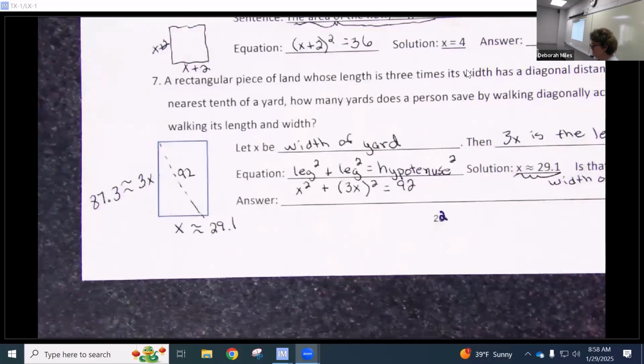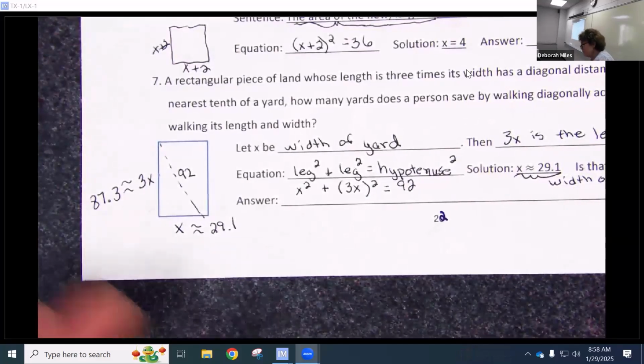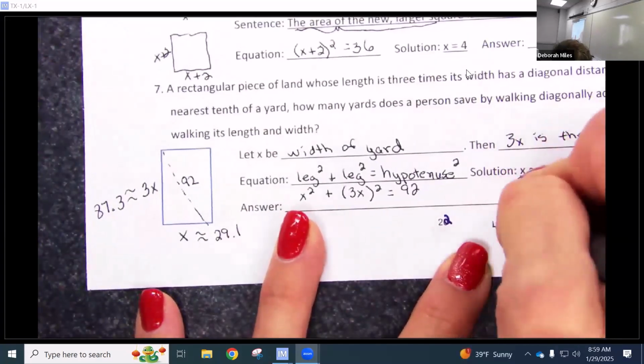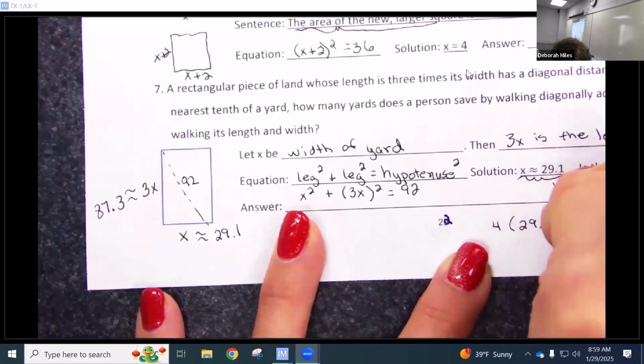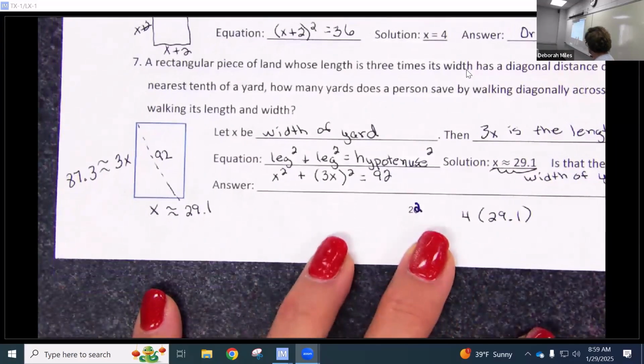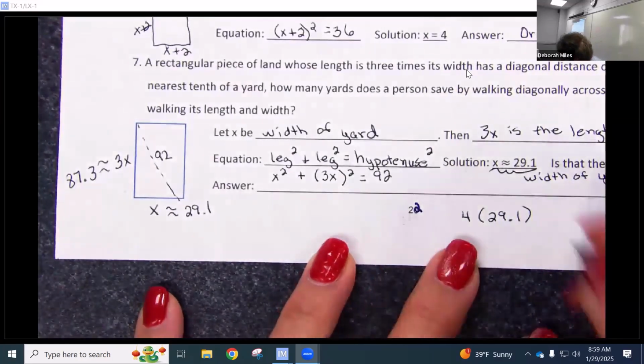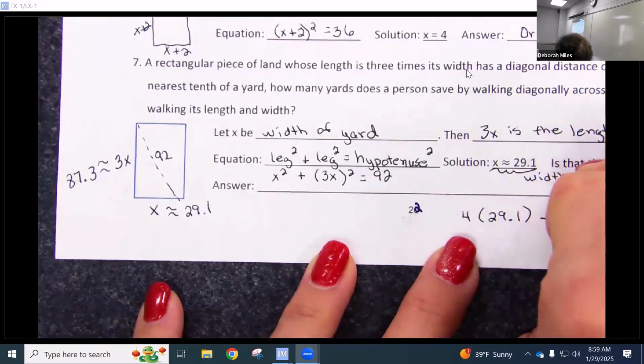Love how you think. Or you could just say there are 4 x's in all. So 4 times 29.1 is the distance if you walk along the edges. That's longer than cutting through the middle, so subtract 92 from that.